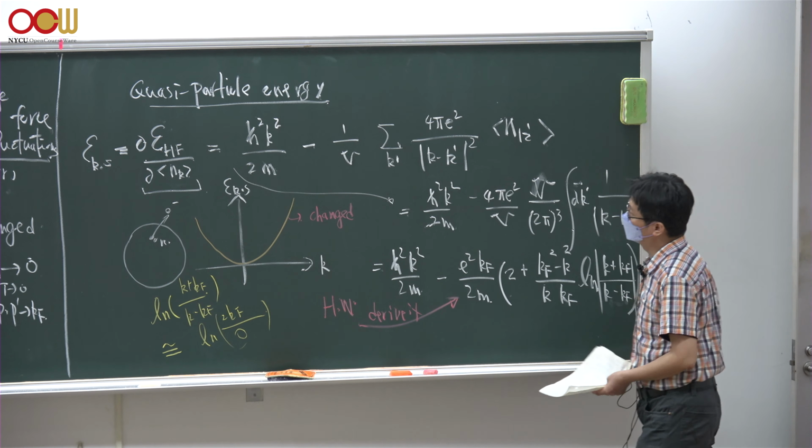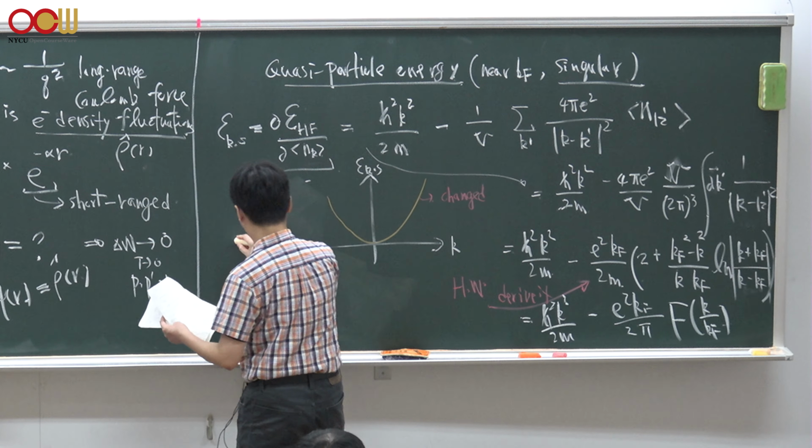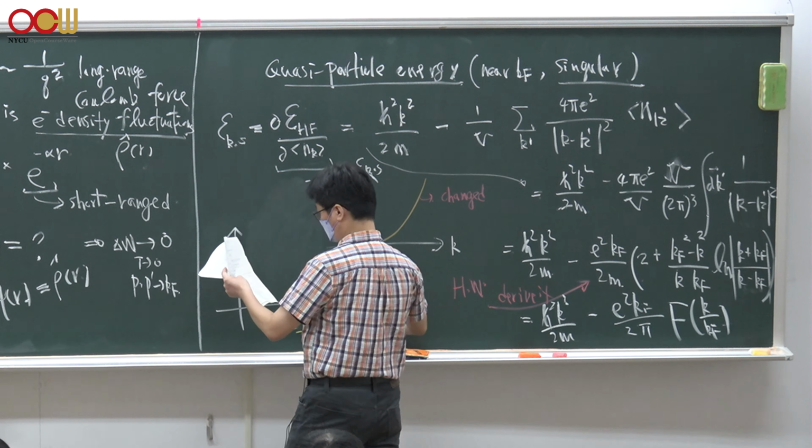So this is given by ħ²k²/2m minus e² kF/2π times f function of k over kF. So this f function is just this complicated, messy log term over there. If you plot this f function, x is defined as k over kF, and this is f of x, and this is 4, and this is 2.